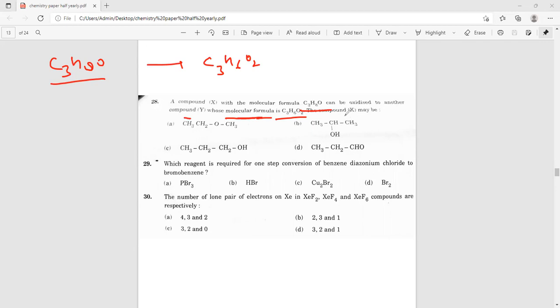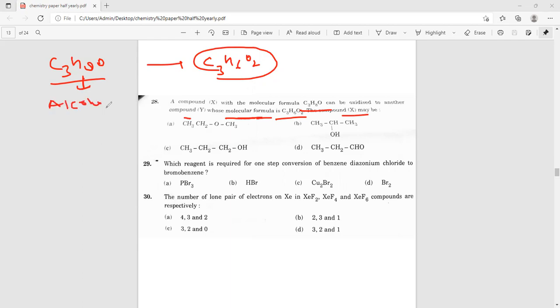Compound X will be, maybe, okay, so what will be the right answer? Actually, here only one oxygen is there, and here two oxygens are there, means this will be an aldehyde or alcohol, right?